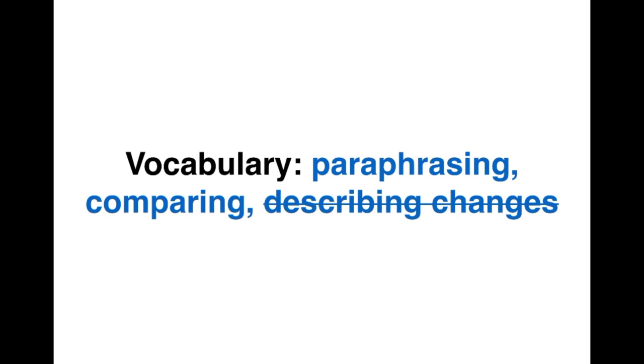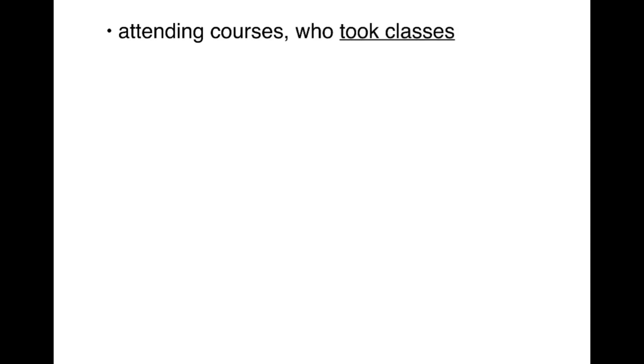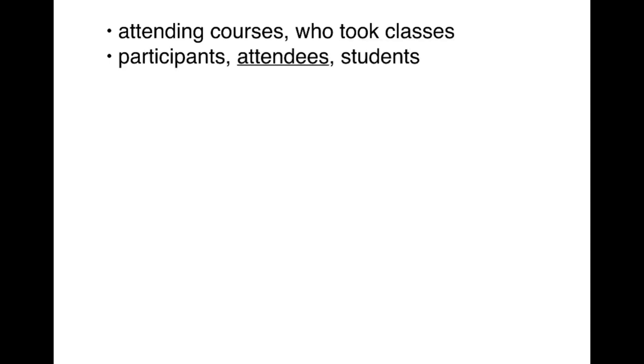So we'll just look at the paraphrasing and the comparing language in those two charts. Starting with attending courses, that was from the question, and I used who took classes. I also wrote about participants, attendees and students, and males and females instead of men and women.